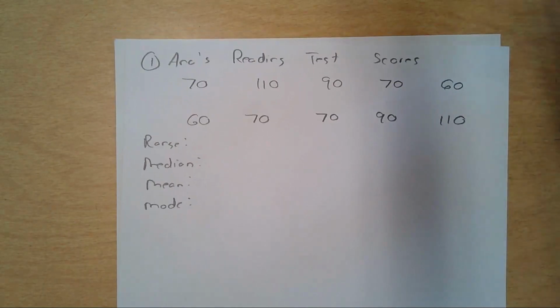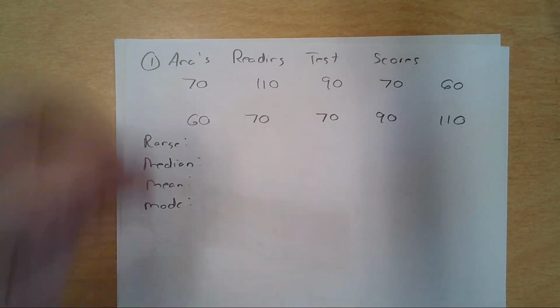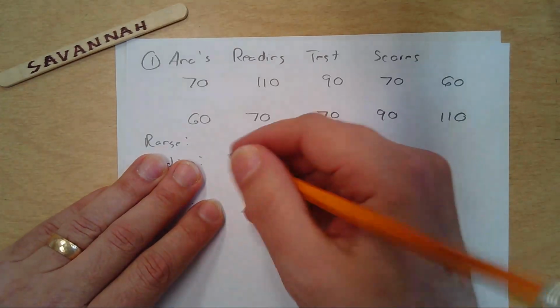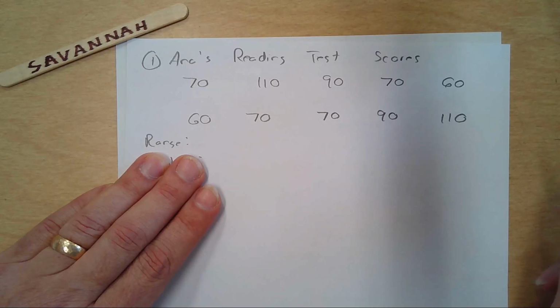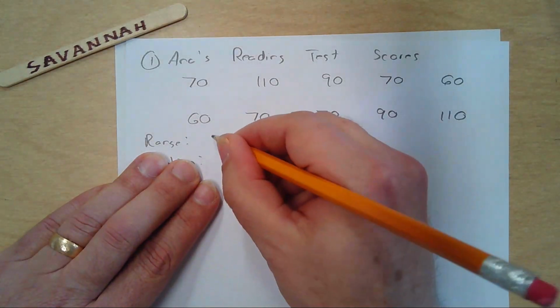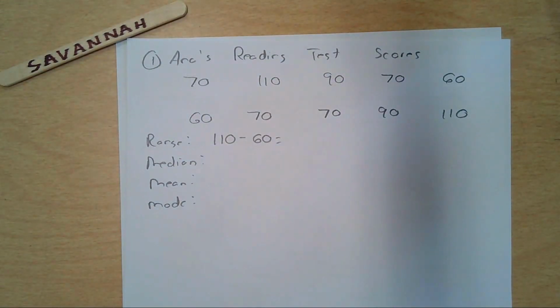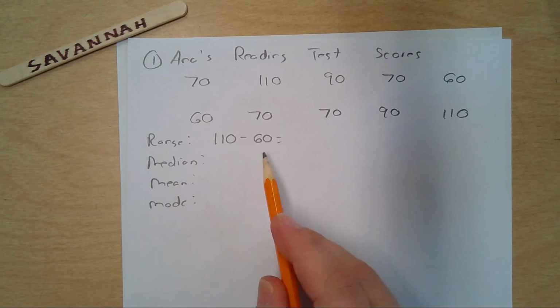Okay, so the range. Tell me how I can find the range and what's my range, Savannah? Okay, so your range is 170. Subtract them. You got the right numbers there, you just added them. 110 minus 60.